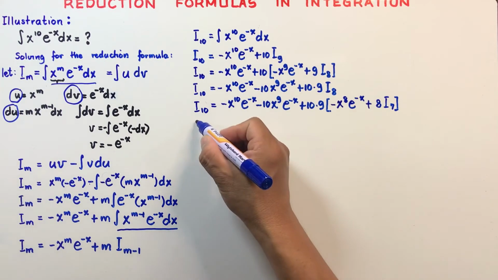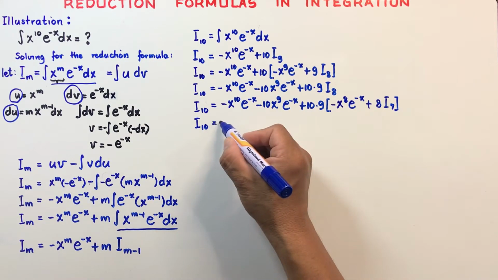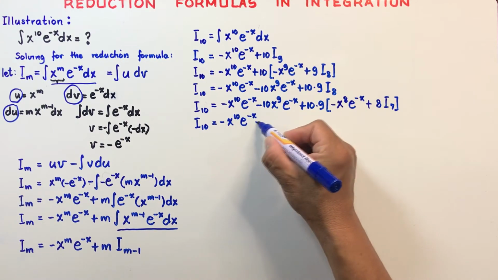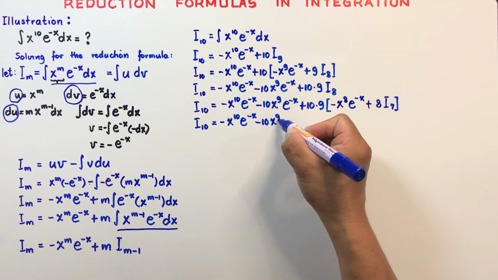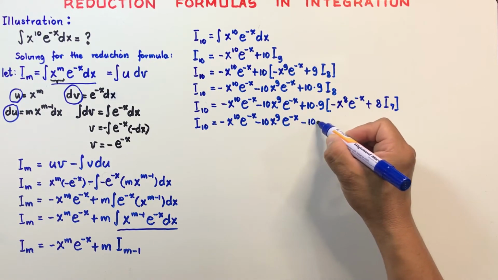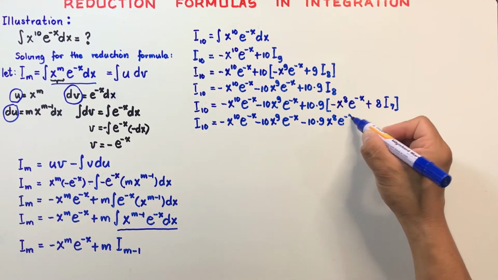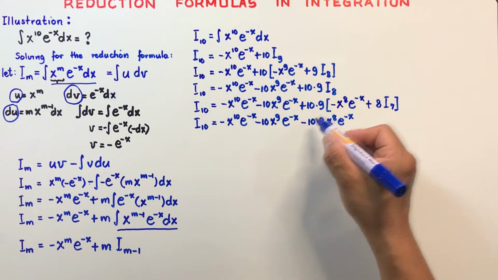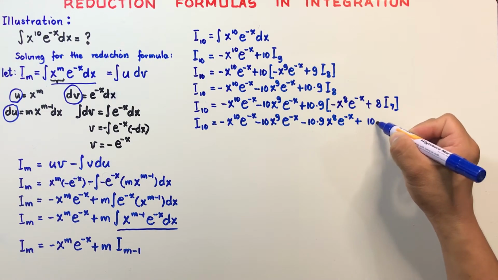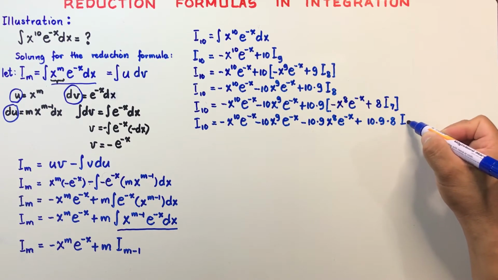And multiplying our constant of 10 times 9, we have negative x to the power 10 times e to the negative x minus 10x to the power 9 times e to the negative x minus 10 times 9 times x to the power 8 e to the negative x, because positive times negative is negative. And then we have plus 10 times 9 times 8 times I sub 7.